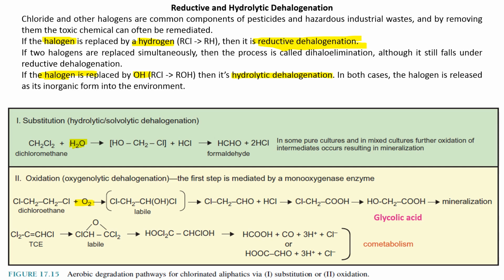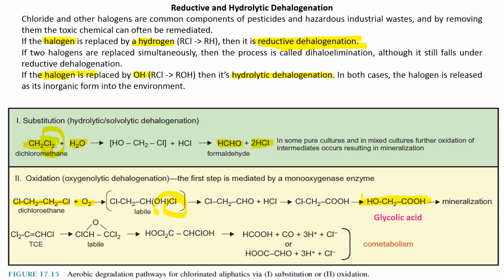Once the halogen is removed, it becomes a metabolite which is easily accessible by the cell. For example, we have here dichloromethane, which has two chlorine atoms, and when it is hydrolyzed using water in the presence of an enzyme, it is converted into formaldehyde, an aldehyde, which is easily dealt with by the cell, and produces HCl. Of course, in cultures the pH may go very low. Again, you have dichloroethane, which has a chlorine atom. In the presence of oxygen, the chlorine is removed to give you glycolic acid.